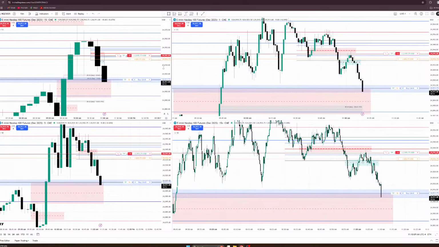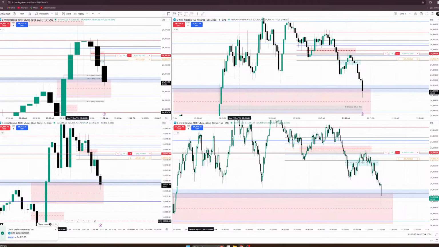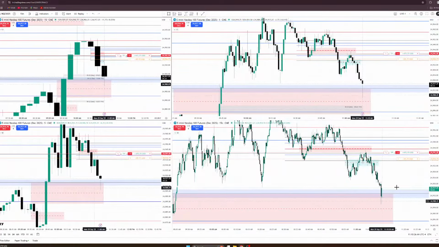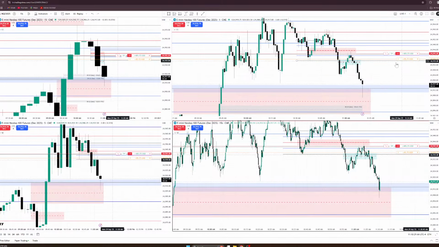So my second partial is also hit, guys. So recovered all the loss in profit again. So around $3,000 profit for the day. Now it doesn't matter if price comes back and hits my stop loss. I'm in profit for the day.